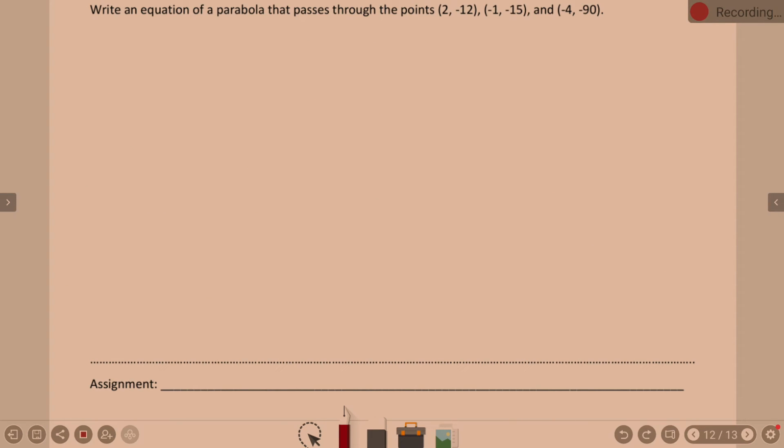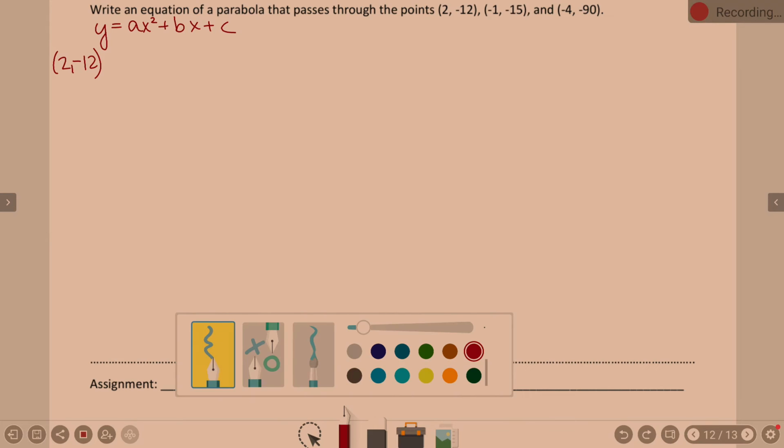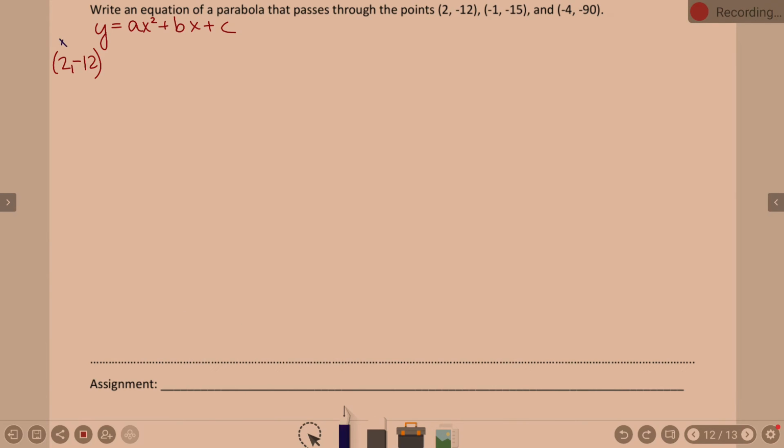Write an equation that passes through these 3 points. Again, I'm going to remind you, I'm going to write it here so I have it as a visual: y equals ax squared plus bx plus c. First ordered pair we're using, 2, negative 12. Occasionally we need to know that these are x and y, right?